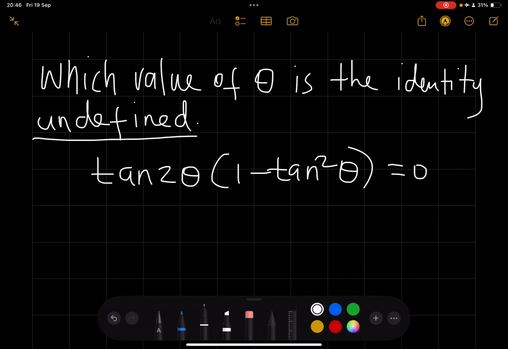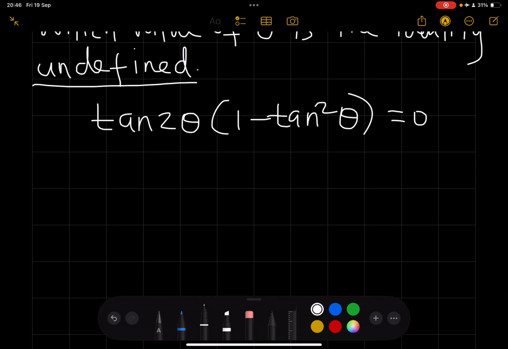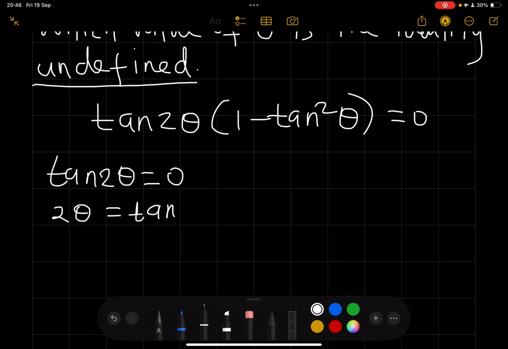All right, so case 1: we know that tan 2 theta equals 0. Then we just say shift tan 0, which is still 0, so we have 2 theta equals shift tan 0 plus 180k.